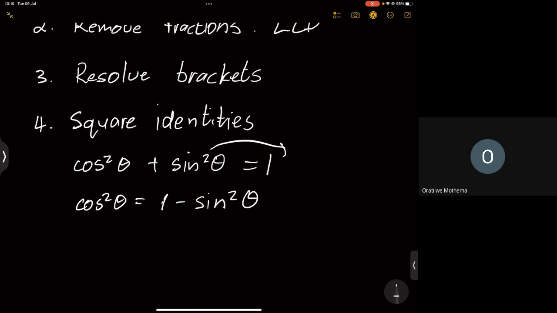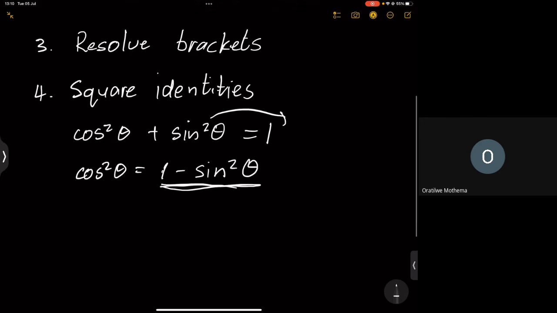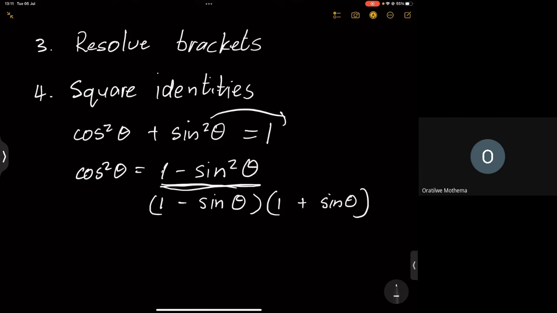Now, if you look at this, this is what we call the difference of two squares. One is a perfect square, and sine squared, of course, is a perfect square. So how do we factorize it? Sometimes we might need to factorize. So we would have 1 minus the sine of theta, and 1 plus the sine of theta. Of course, I'm going to give you procedures as we go along.